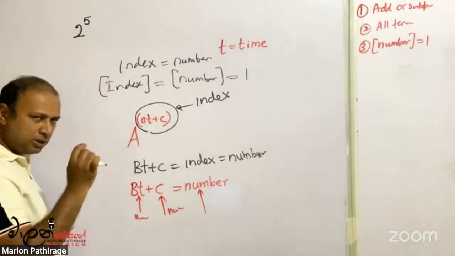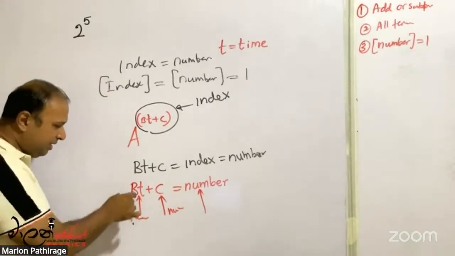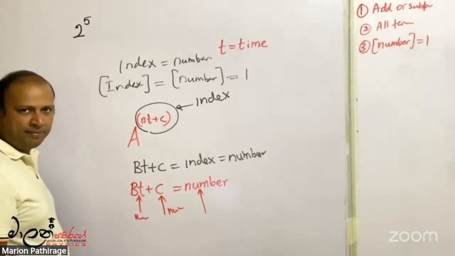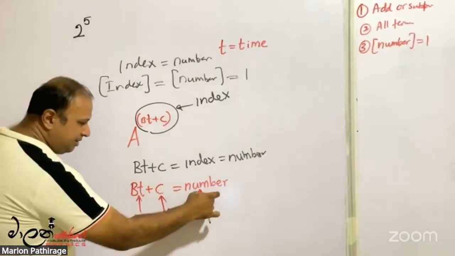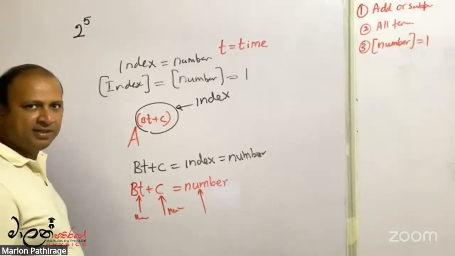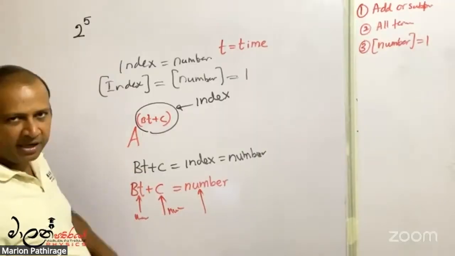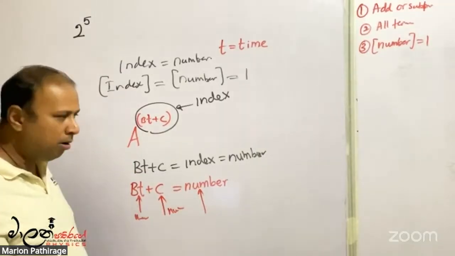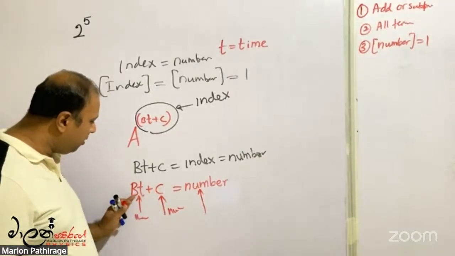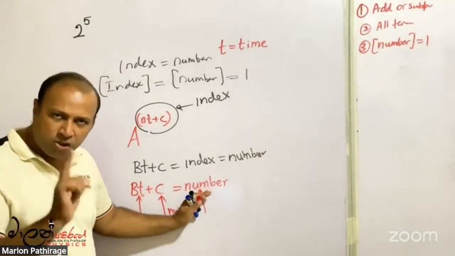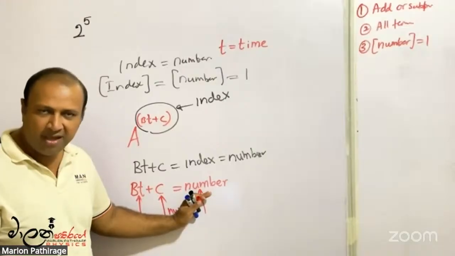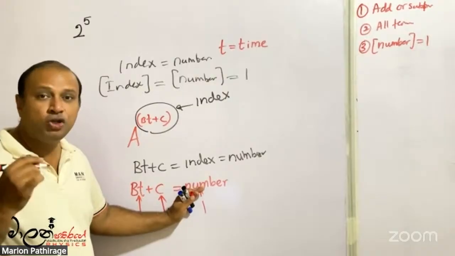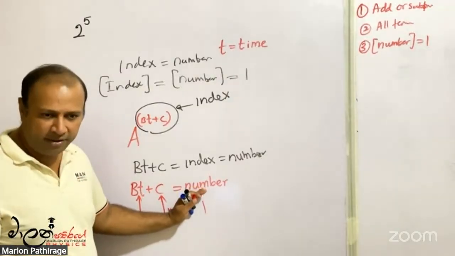Therefore, according to our second rule, all the terms in an equation should have the same dimension. Therefore, all the terms in an equation should be the same physical quantity.